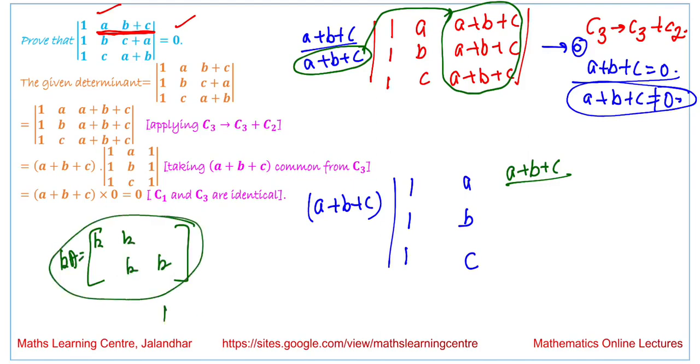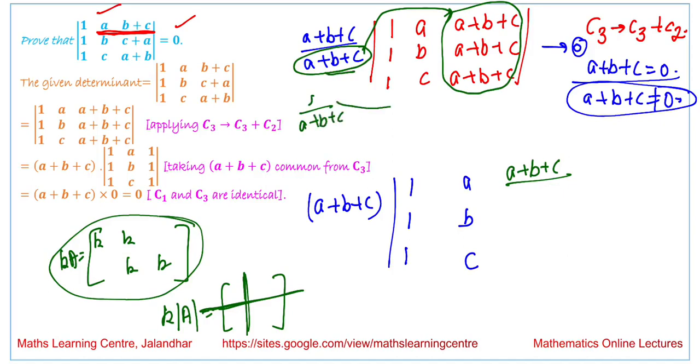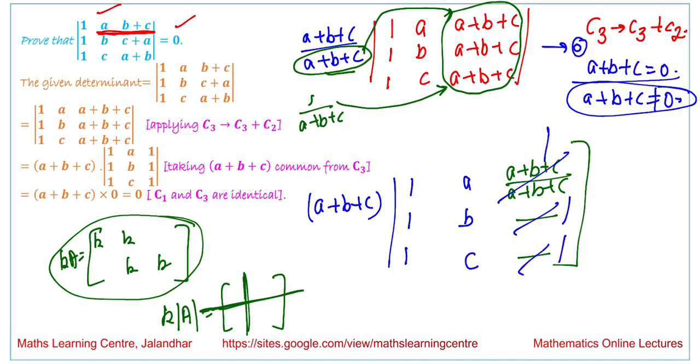But when we are talking about k times the determinant of A, it is multiplied with any one row or any one column. So we have multiplied this by a plus b plus c with the third column. Similarly the second term, similarly the third term, and the value of all these will be equal to 1.